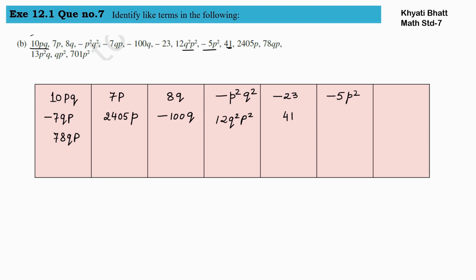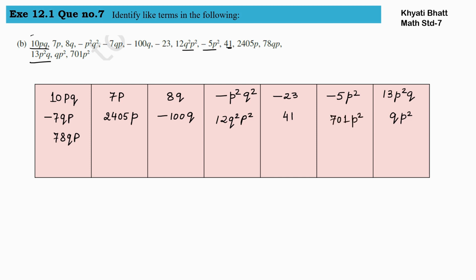Then comes 13p square q. So let us write it over here, that 13p square q. Then comes qp square. P square q will also come here as these both are like terms. Then comes 701p square. So we can mention it over here, 701p square.